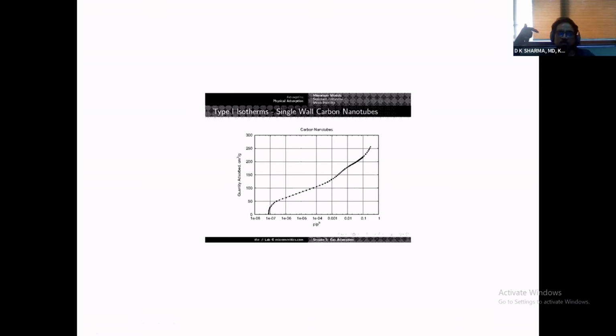Your instrument has to withstand a very high level of vacuum, which means you have to provide a very high-level vacuum pump, because you have to measure data at very low pressures. Your pressure transducers also have to be of a lower range. The normal pressure transducer, 0 to about 1000 millimeter torr, used to measure absolute pressure from about 1 or 10 to 1000 millimeter, will not be able to measure these pressures.